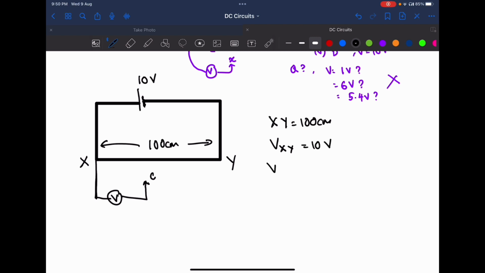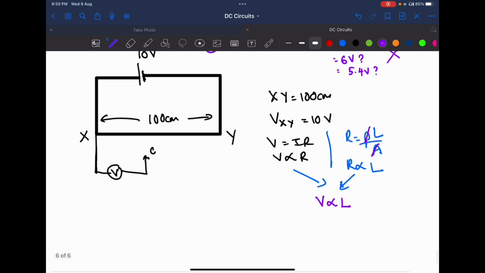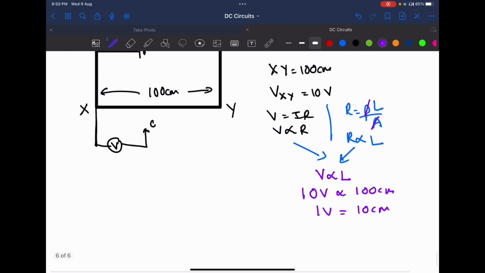So we know that V equals IR, that means V is proportional to R. R equals rho L over A. So when this is constant, R is proportional to L. Therefore, we can say that V is proportional to L. So 10 volt is proportional to 100 centimeter. That means 1 centimeter is 0.1 volt.